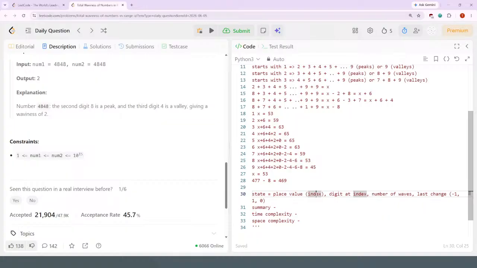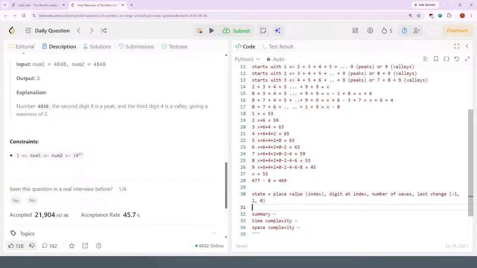Will this work? So the index doesn't have to be part of this data structure that needs to store. It's just going to be the number of waves.